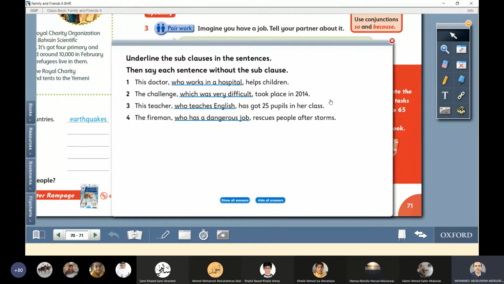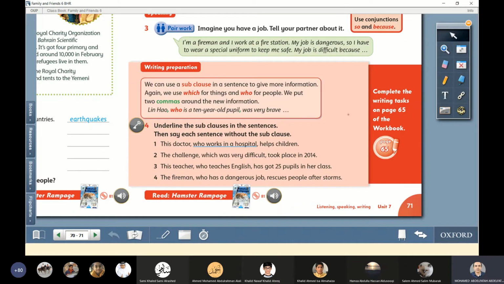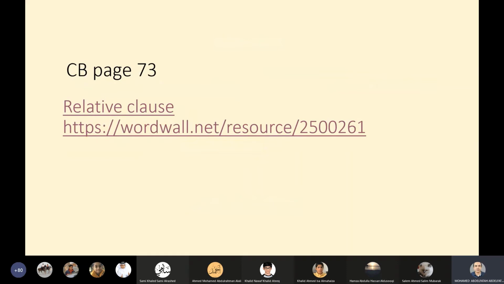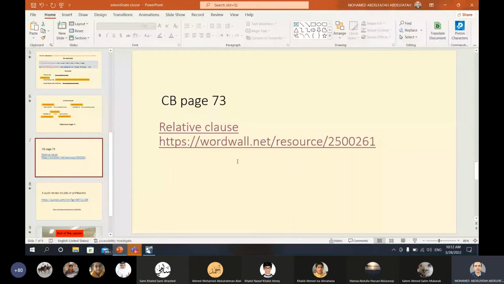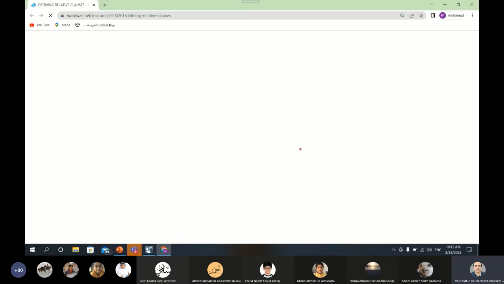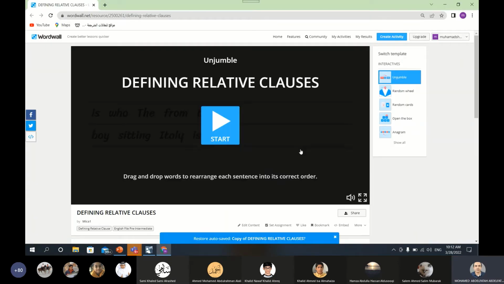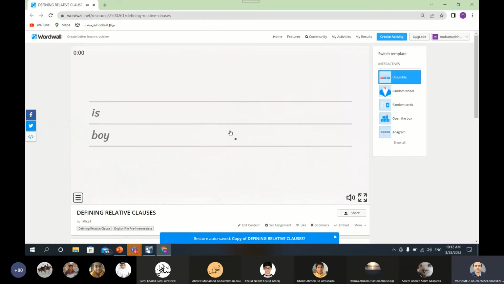Okay, so now students, let's go to the next part in our lesson today, which is a word wall activity. After our lesson today, inshallah, I will send you this link. You can do the activity on your own, but now you have to help me do the activity.